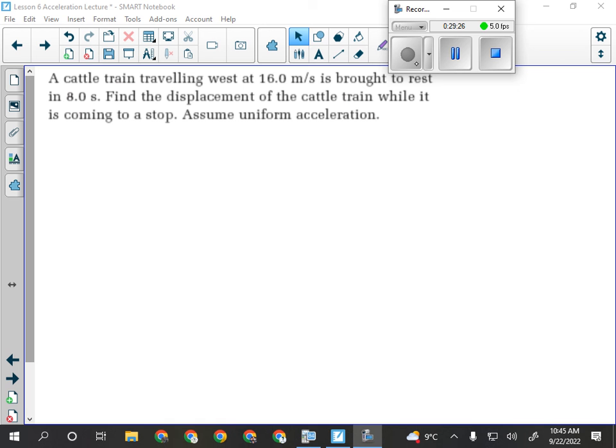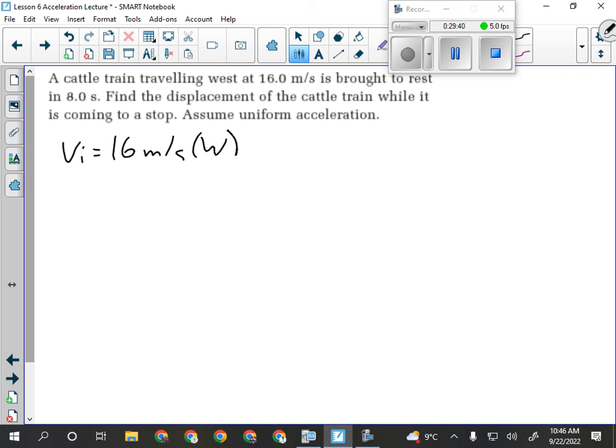Oh, technically 3. 3. One of them isn't written as a number, but it's still a number, right? Okay, so we've got cattle train traveling west at 16 meters per second. So VI is going to be 16 meters per second west. It's brought to rest. So VF is 0. Okay, in 8 seconds.